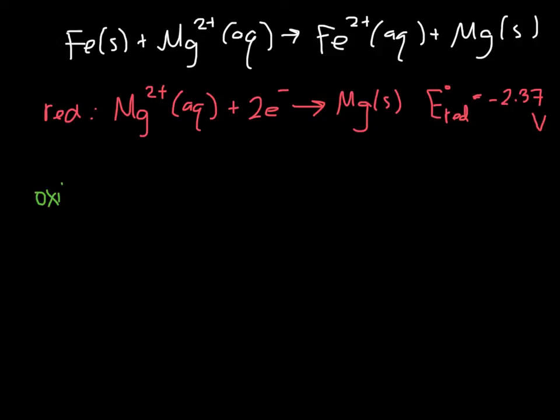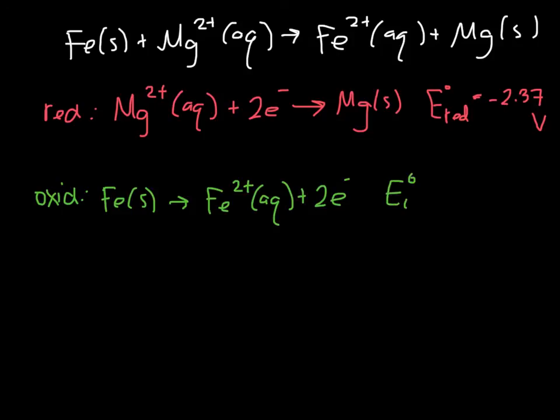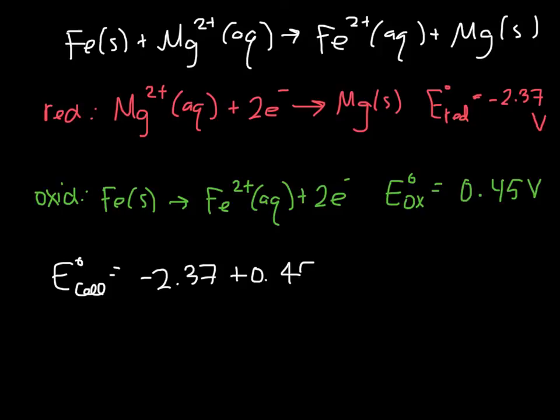The oxidation half reaction here is iron going to Fe2+, and for the oxidation, it's the negative of the reduction one, so in this case it's 0.45 volts. To find the total cell potential, we add those two up. And this gives negative 1.92 volts for this particular cell.